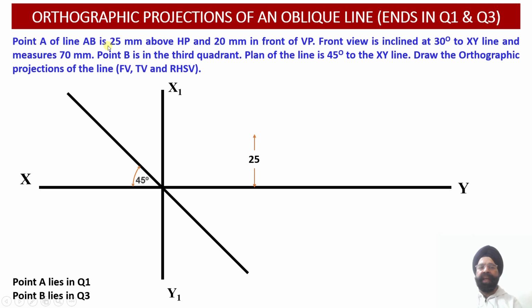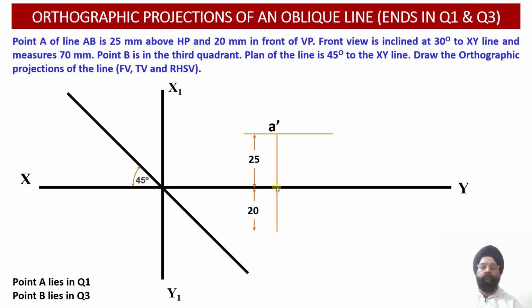End A of the line AB happens to lie in quadrant number 1. So end A is lying 25 millimeter above the horizontal plane and 20 millimeter in front of the vertical plane. So A dash, the front view projection of the end A, will be located at a distance of 25 millimeter above the XY reference line.